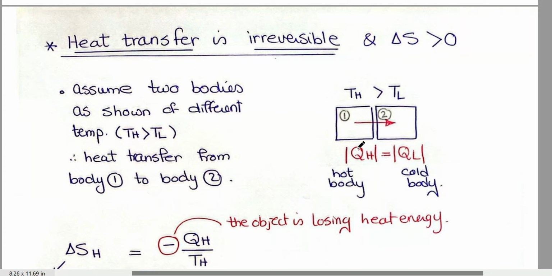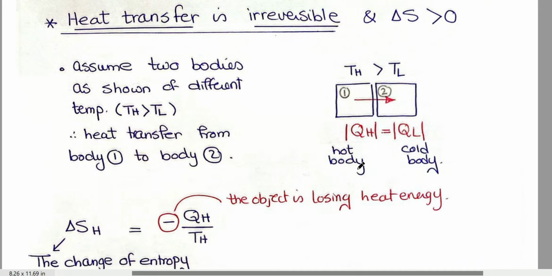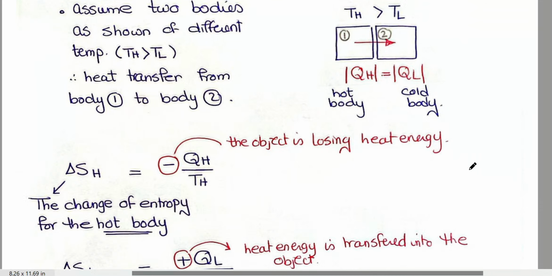So the hot body will lose QH and the cold body will gain QL. Calculate the change of entropy of the hot body and of the cold body, then add them together to get the total change of entropy of the system.